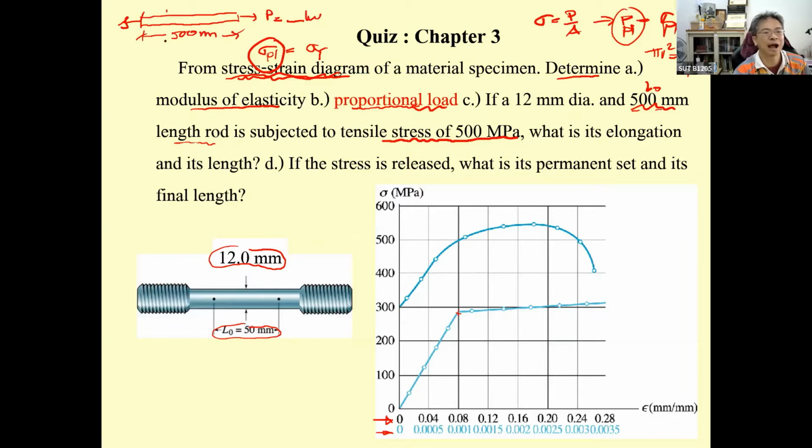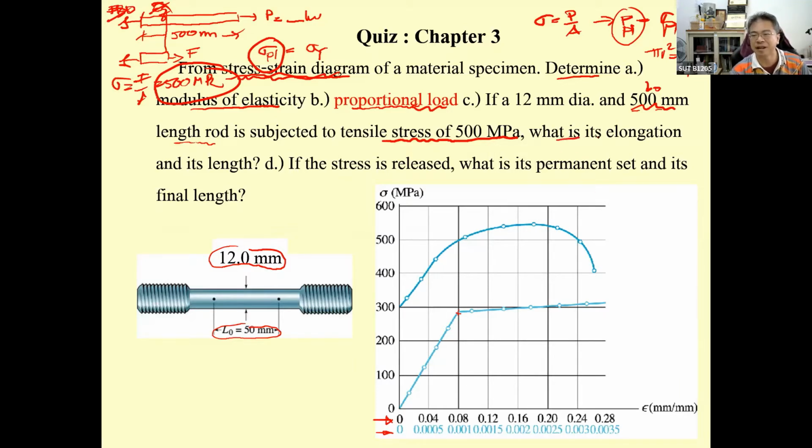So you're going to cut this one and draw the free body diagram to determine the internal force, and then compute the stress by the force divided by the area. That is going to be 500 megapascal. They just set up 500 megapascal. They didn't ask you to draw the free body diagram and use the equation of equilibrium. This is a new thing. So understand the problem clearly before you solve the problem.